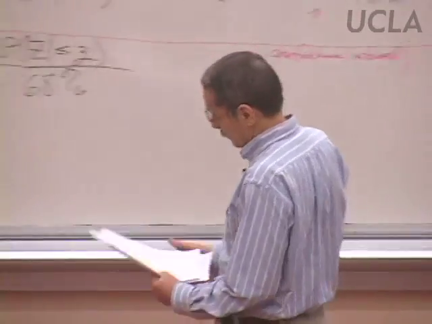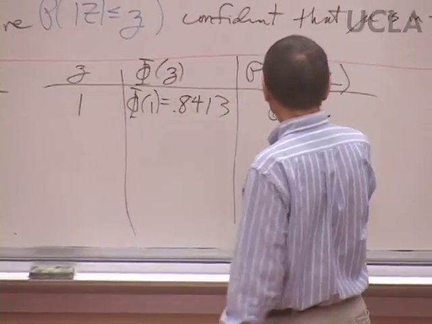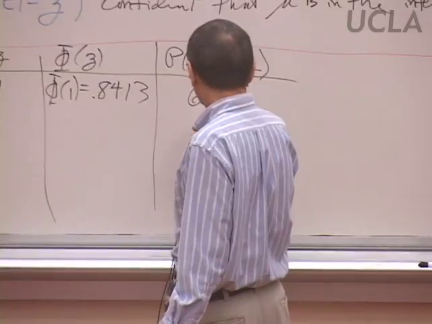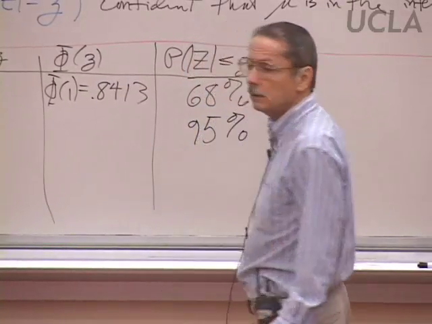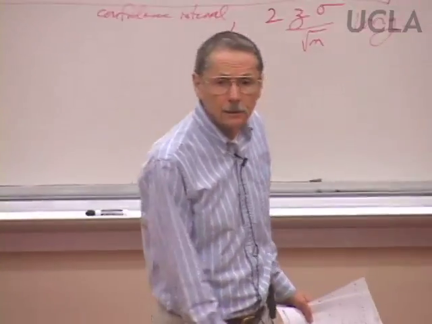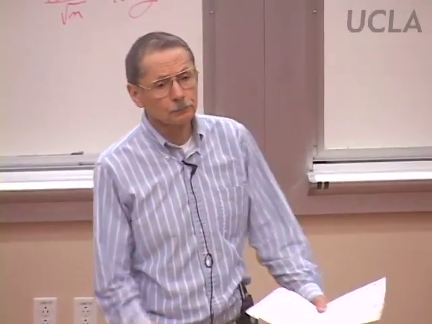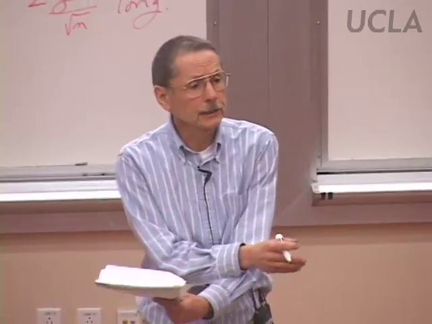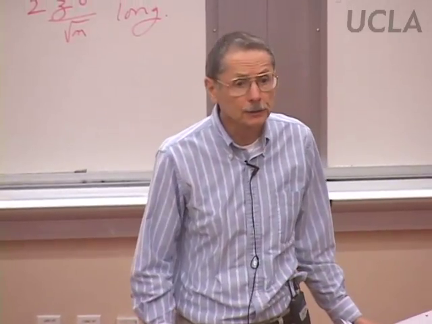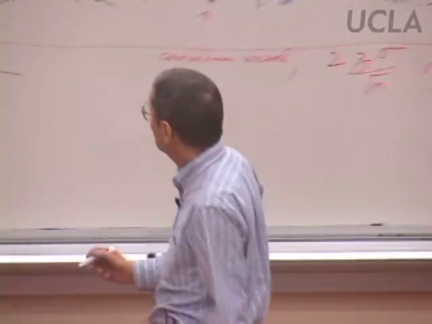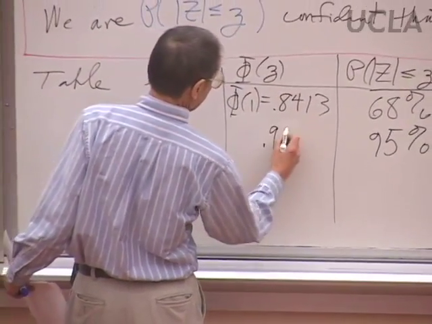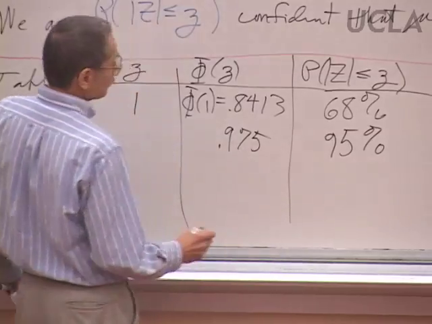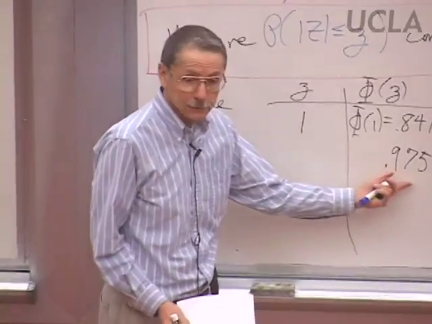But if we want to do one or two more of these, suppose we want 95% confidence. Well, then we work backwards. So what z value would give us 95%? Well, we'll need phi of this to be 0.975 because that includes the left tail.